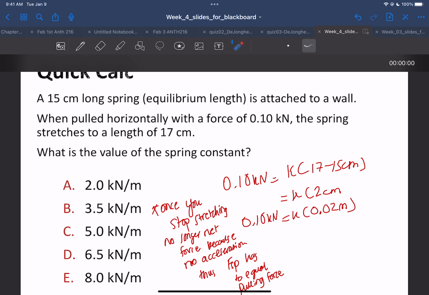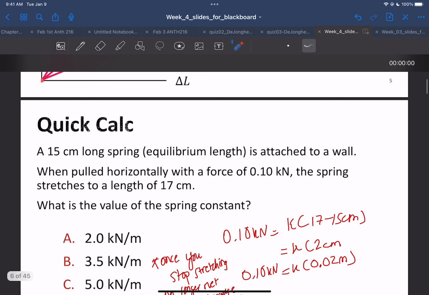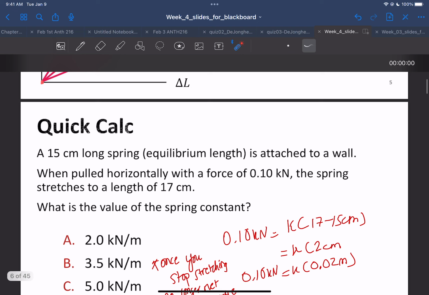Well, 15 was the equilibrium length, and now we're stretching it to a length of 17. Remember we're going by final and initial length. So 17 minus 15: your ΔL is equal to L_f minus L_i, 17 minus 15.